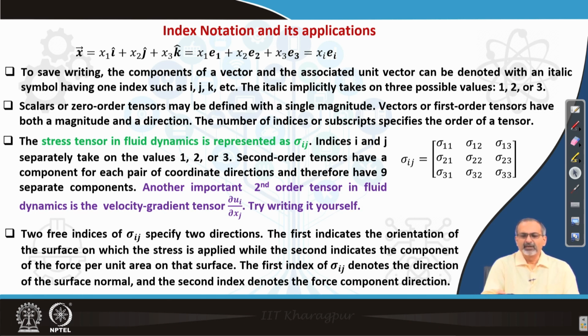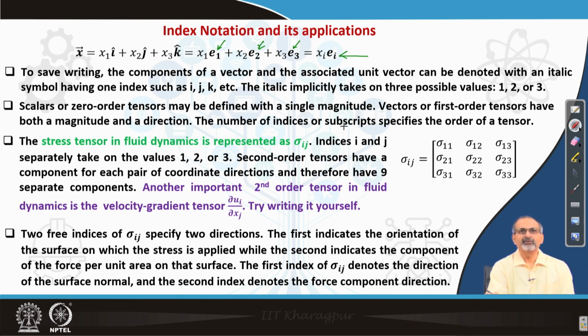It can be generalized and written in this form too, where you define the unit vectors as E1, E2, E3 with subscripts corresponding to the scalar components. And then there is a very nice compact way of representing this sum as x suffix i times bold E suffix i. The bold stands for the vector, of course.